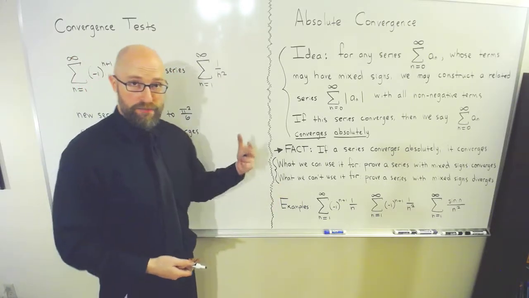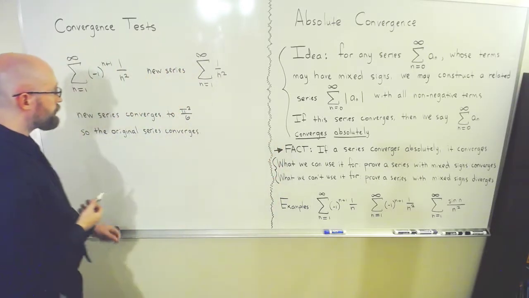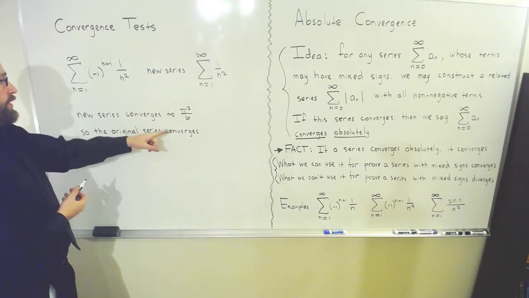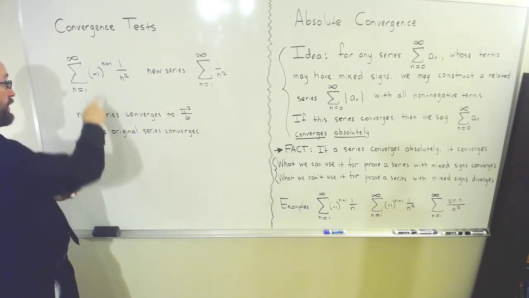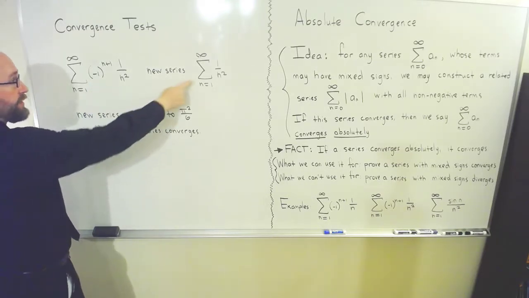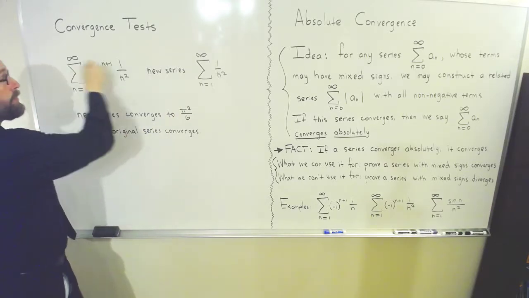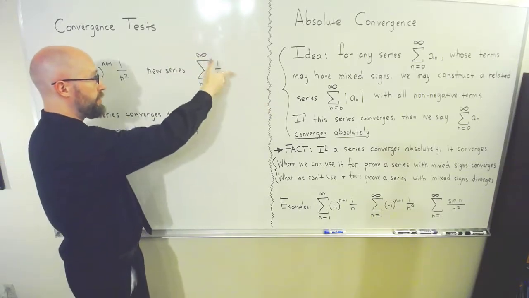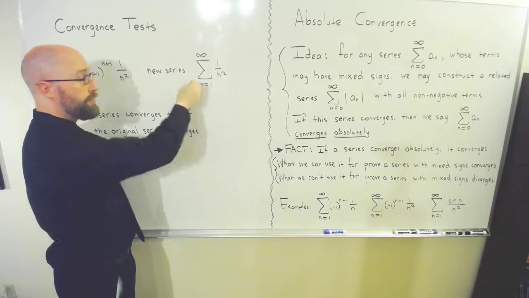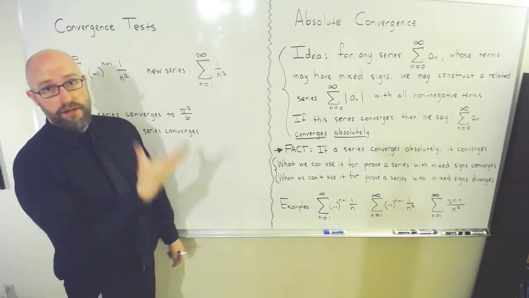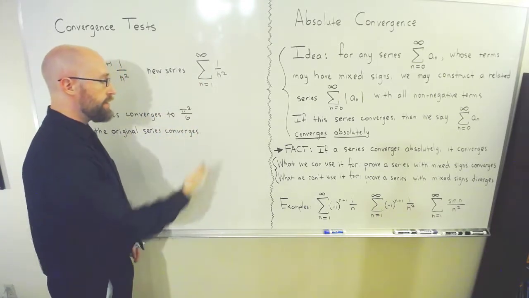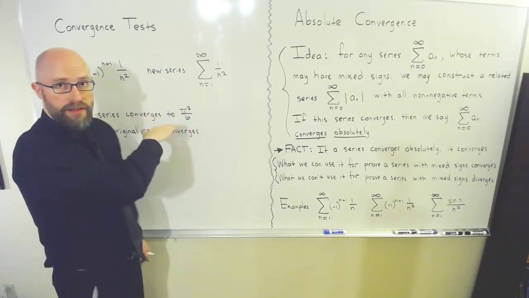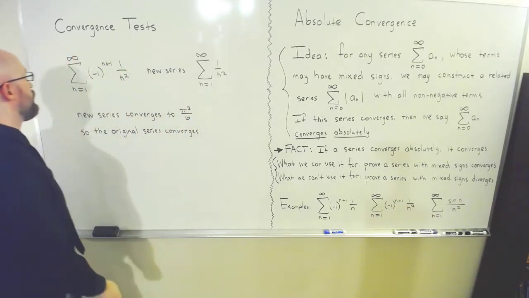This is all just about convergence tests. We know, however, that it's going to be something smaller than this because this has some cancellation in it, whereas this has no cancellation in it. We made it bigger by taking away the cancellation, taking out all the minus signs. It still converges even after we've made it bigger, so that allows us to conclude that the original one converges as well.